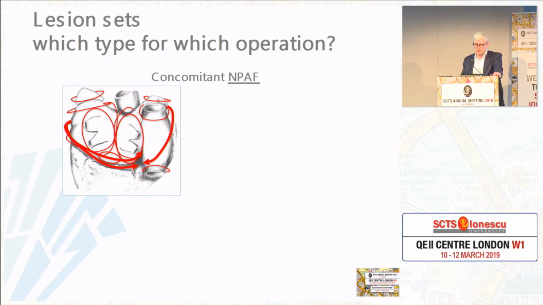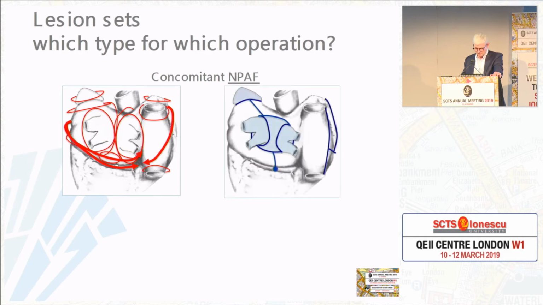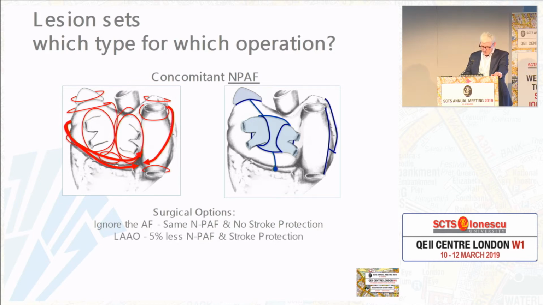What about concomitant, persistent cases? Probably there, the full Cox-Maze is the only good solution. We can either ignore it, our success will be 0 when it comes to AFib, with no stroke prevention. The substrate in the left atrium here is less than in our paroxysmal patient, and we will only achieve a success of 5%, but our risk for stroke will disappear.